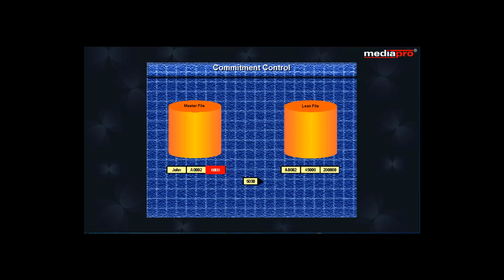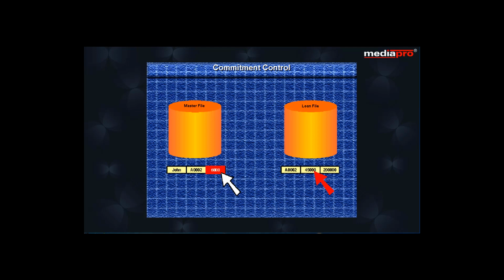Suppose the application program is running and it deducts the installment amount of rupees 5,000 from the customer's savings account. But suddenly the system shuts off due to a power failure. The installment amount has not been credited to the loan file as yet. This has caused an inconsistency in our database files.